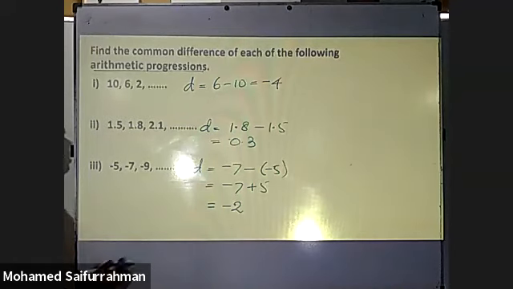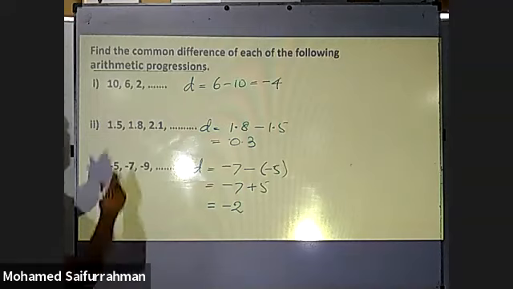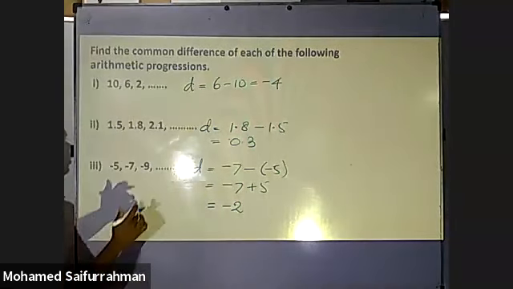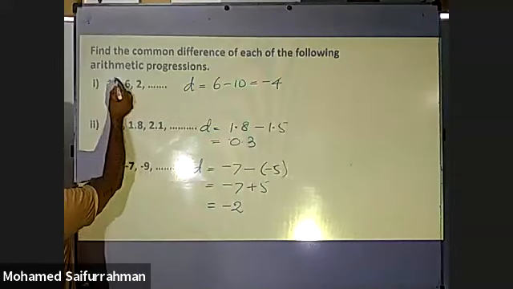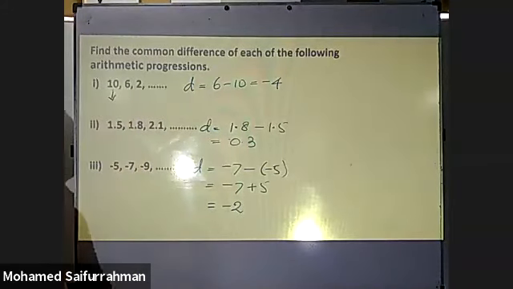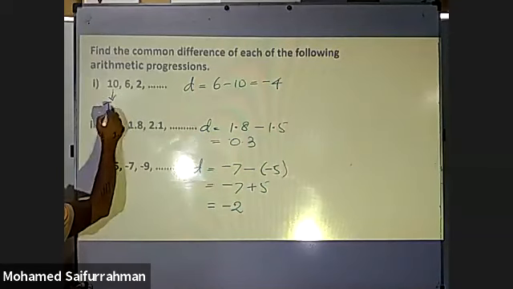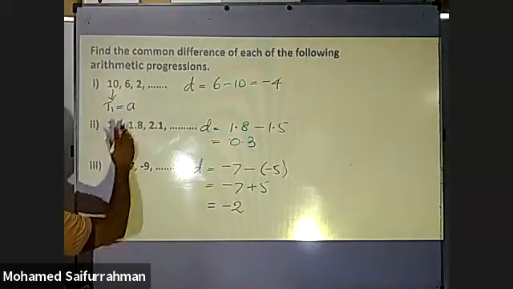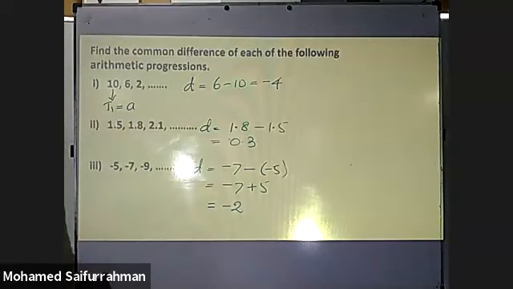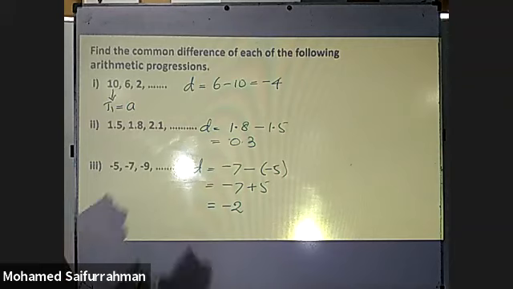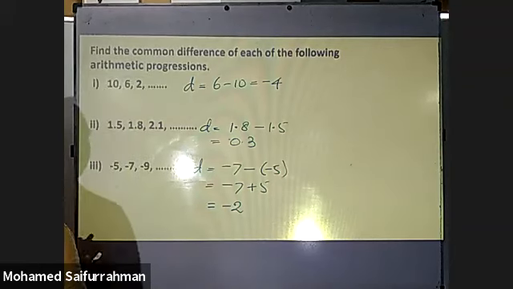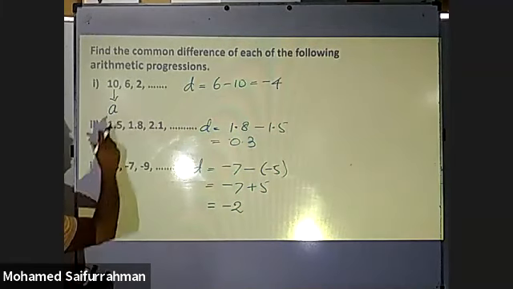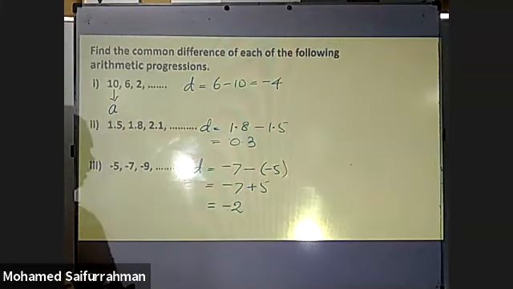So this is how we should calculate the common difference when an arithmetic progression is given. My dear students, in an arithmetic progression, the first term is denoted by A in symbolic form.